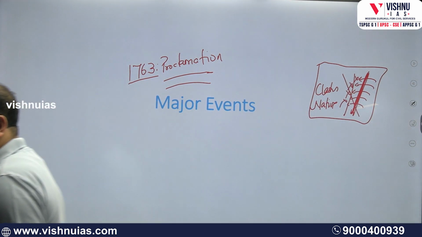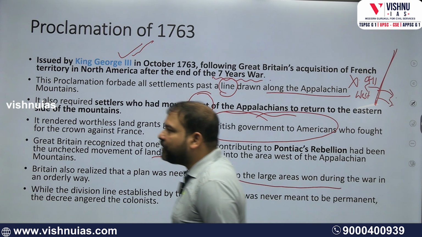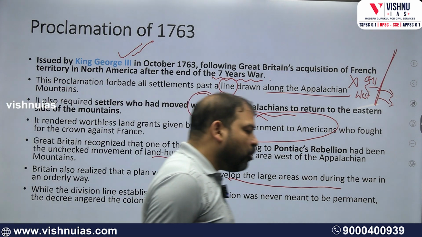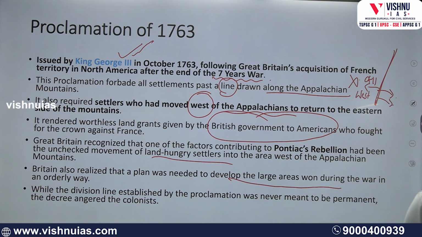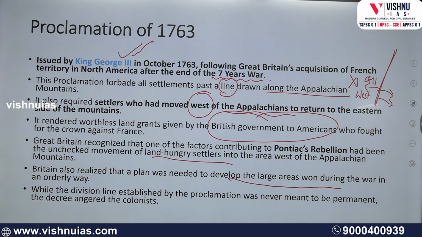King George III issued it, asking all those who had moved west of the Appalachian Mountains to come back on the eastern side. They had gone that side, no, you come back on this side.